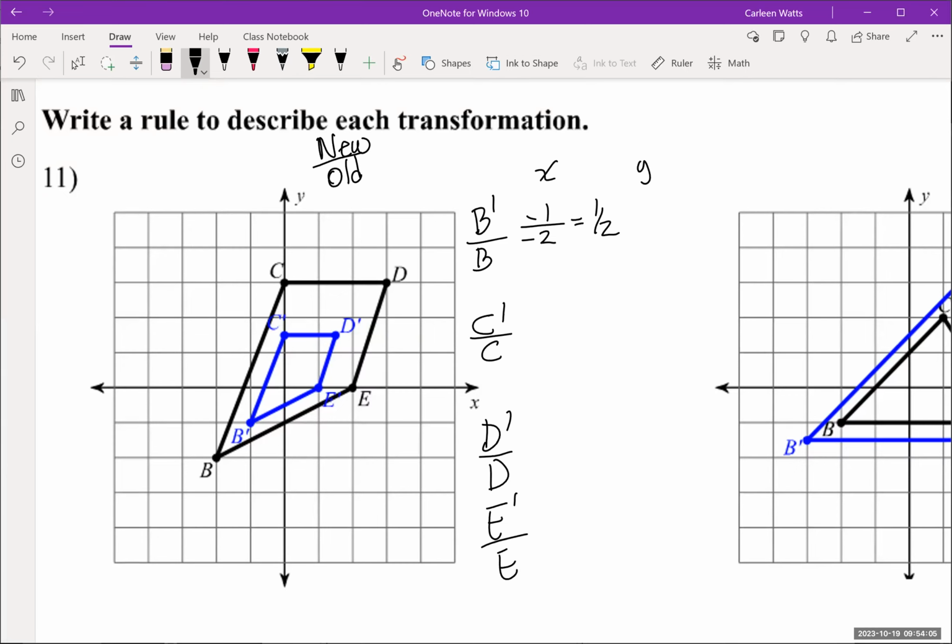Now look, am I going to want to use D prime? Nah, it's probably half, but nah. What if we did E and E prime? No, that's pretty boring. Anyway, you get the idea. That's going to be the same if we do X 1/2. So the rule is 1/2. Some of them are going to be easier to find than others.